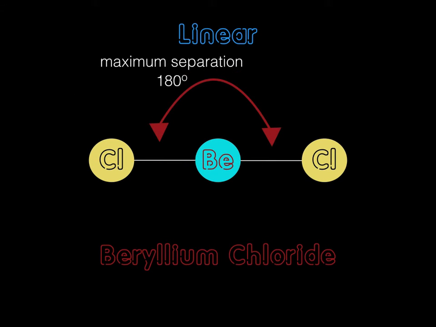So also take notice of how far apart these molecules are. Recall that electrons are a negative charge, and when we have things that are of like charge, they don't like each other, they repel. So these electron pairs have separated themselves as far apart as they possibly can in this particular geometric shape, which is 180 degrees away from each other.